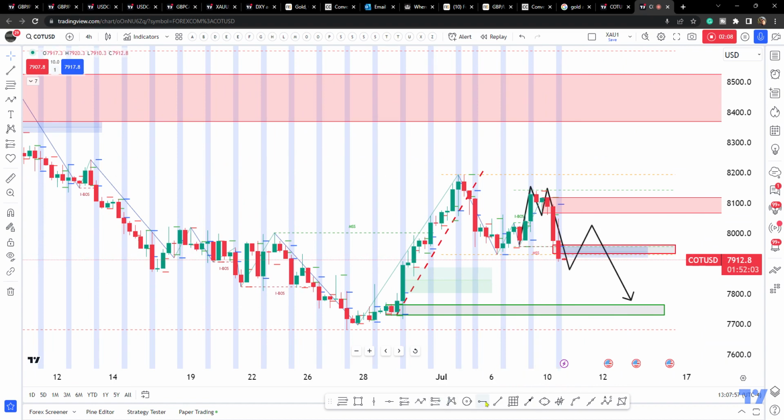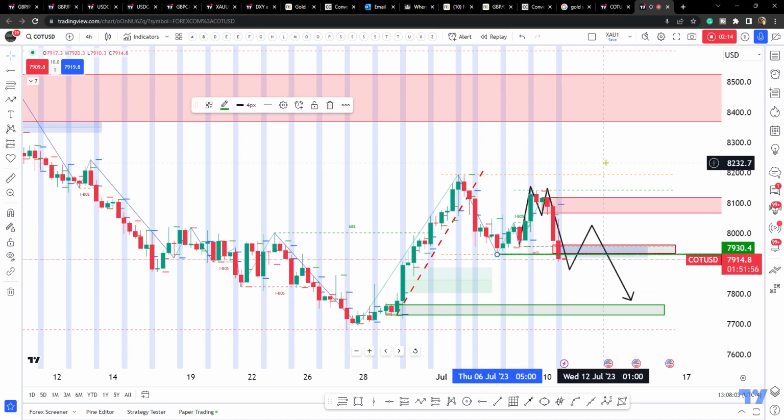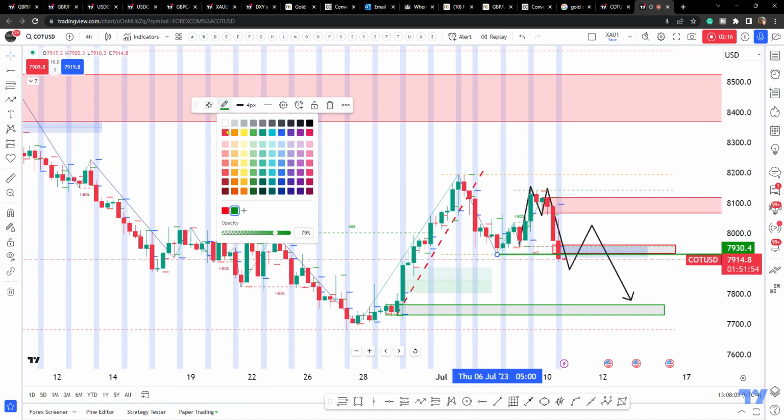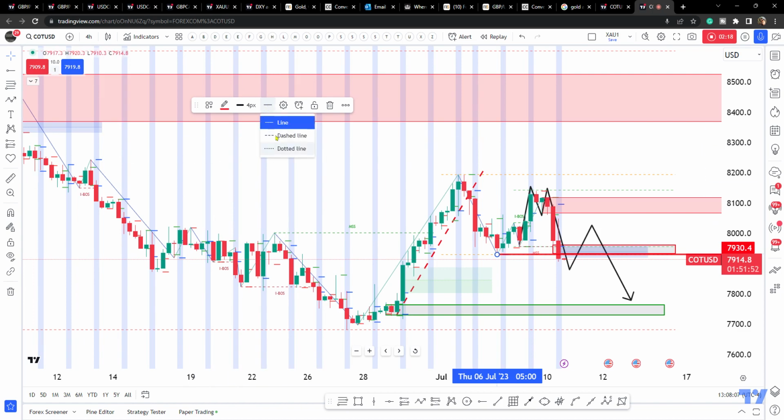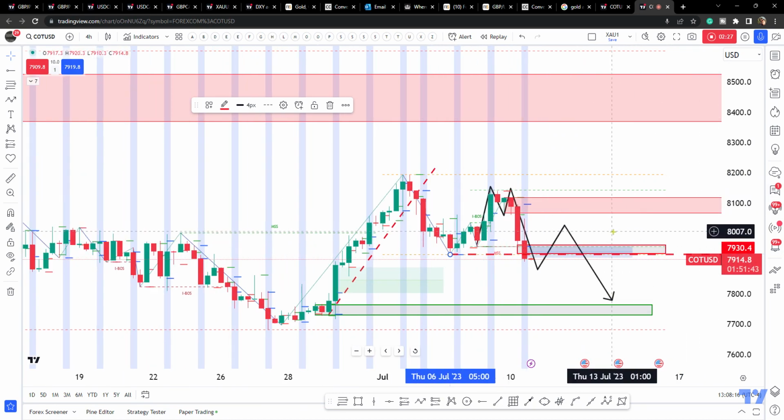So that was the break in market structure over here, current market structure. So we tested that. We're testing below it, pulling in higher time frame traders. Yeah, so that's a significant level.